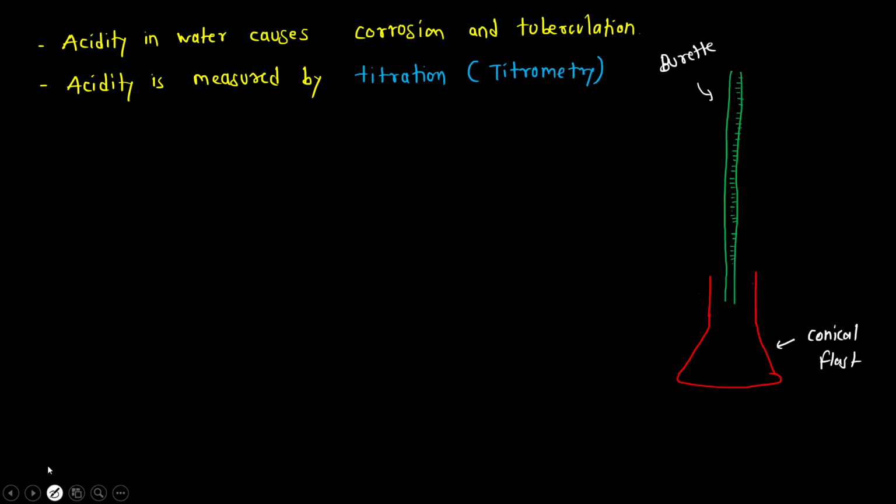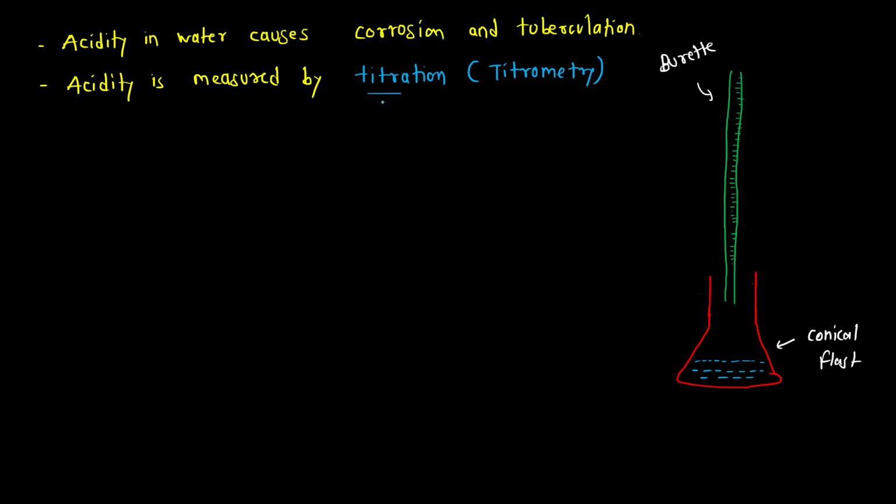Now, whatever sample of water is to be tested is present in the conical flask. Depending upon the type of experiment, the liquid which is present in the burette and the indicator change. So you should know these two things: in titration we will require a few things to determine the particular quantity.